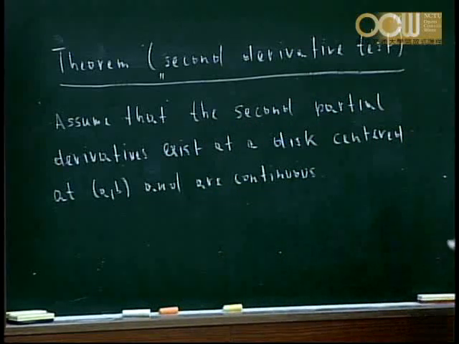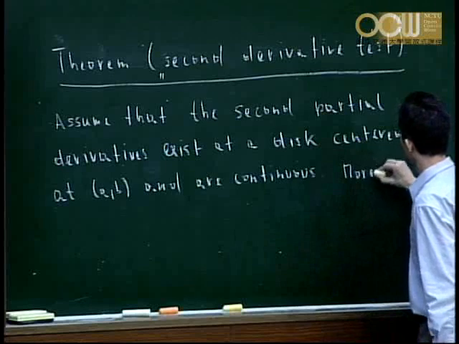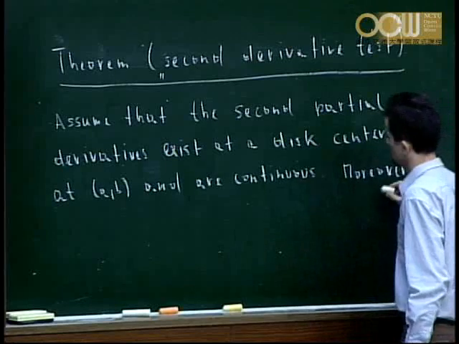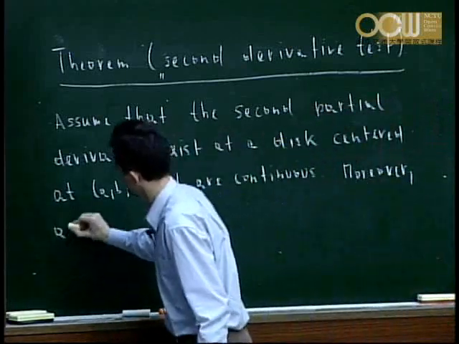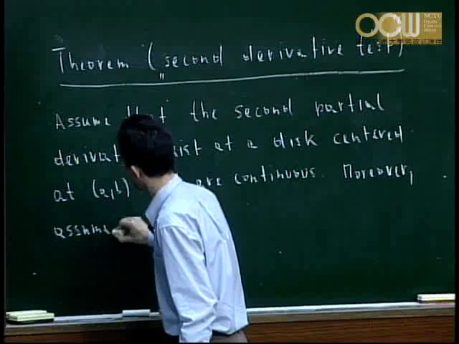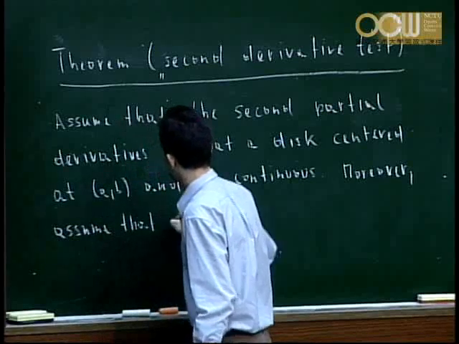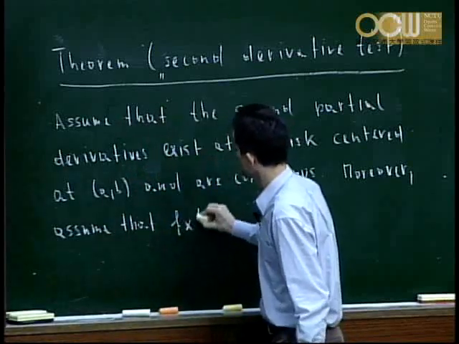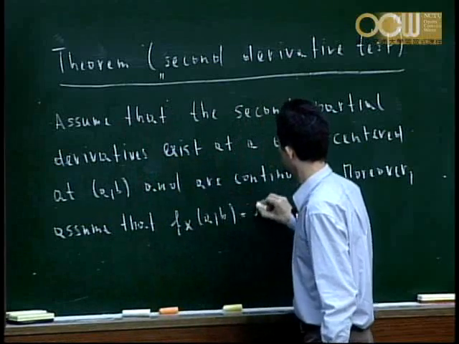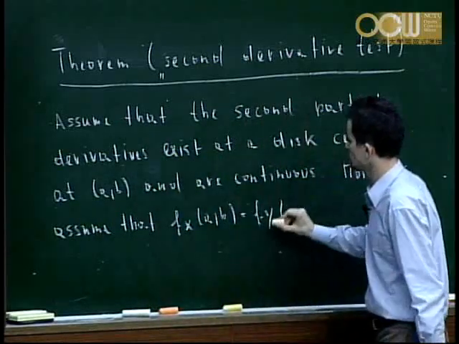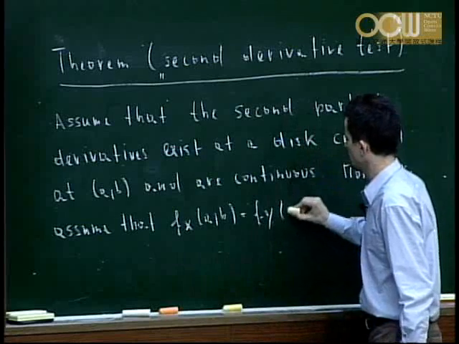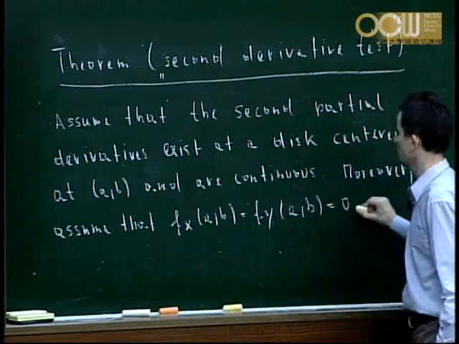Okay. Moreover, assume that the first partial derivative with respect to x at (a, b) is equal to the first partial derivative with respect to y at (a, b) is equal to 0.